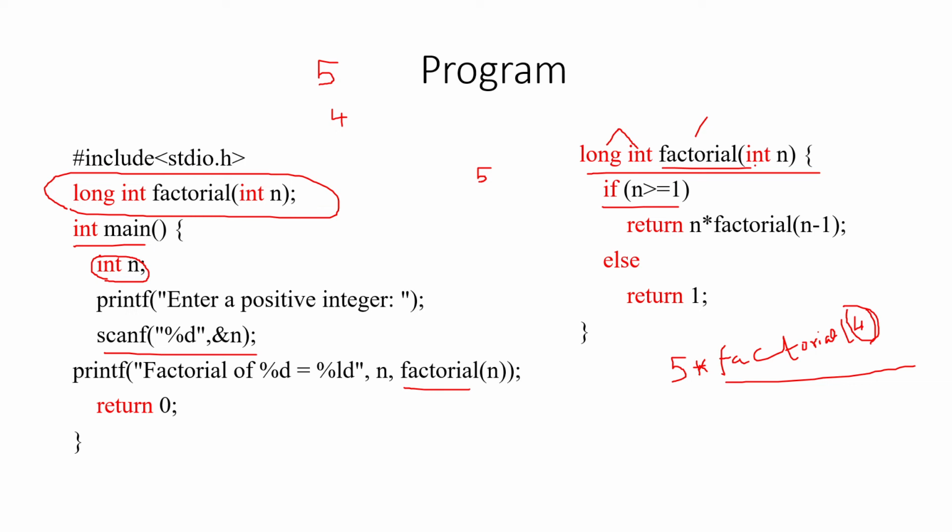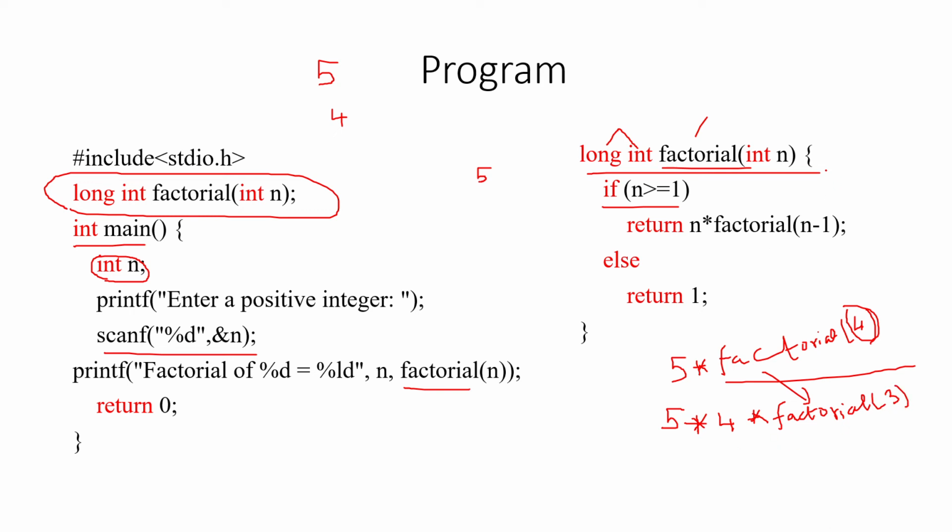Again it will call the same function. Now n is 4, and 4 greater than or equal to 1, the condition is true. So we have 5 into 4 into factorial of 3. Again we call the same function, now n is 3.